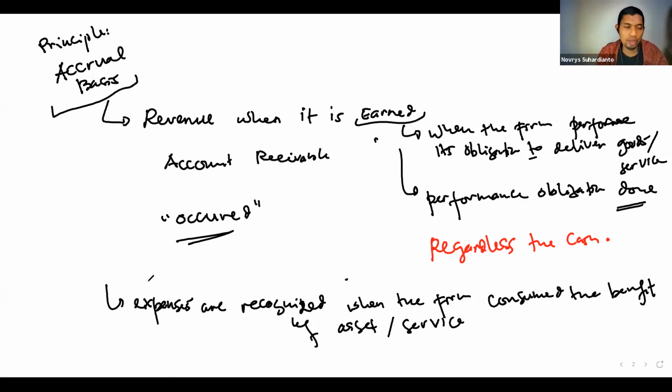At least the two things that I explained to you: you don't record any revenue although you already sent your service or your inventory to the customer, or you record revenue although you haven't performed your obligation. So I think it's not fair.